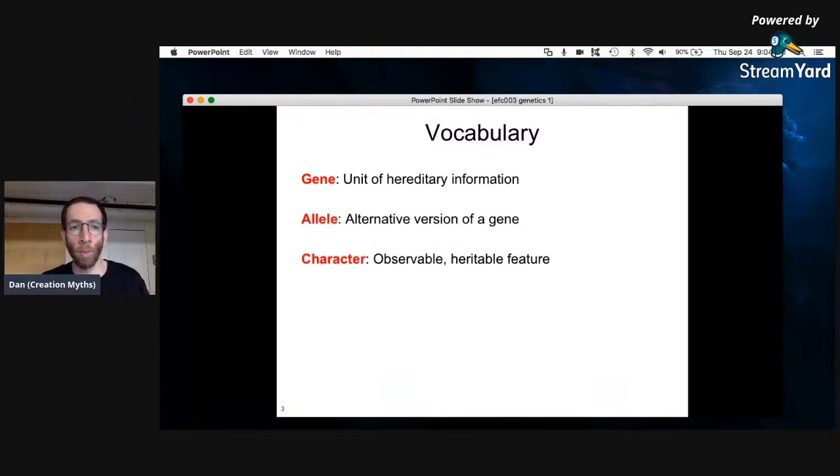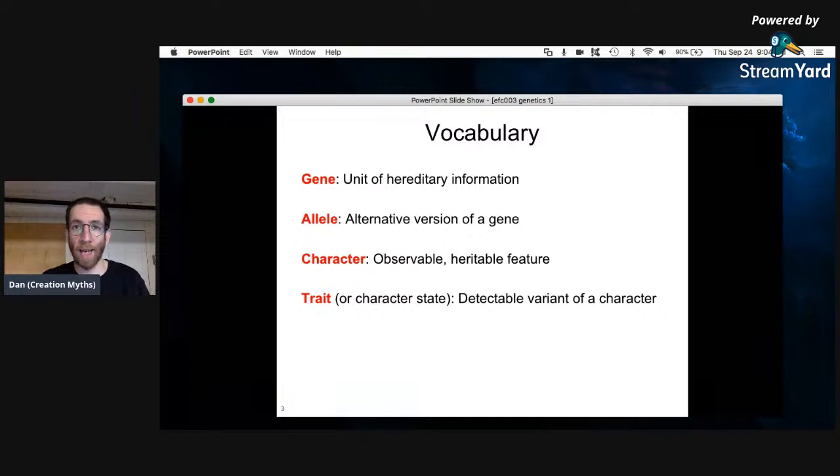We can also talk more broadly about characters and traits or character states. A character refers to an observable heritable feature of an organism, and a trait or a character state refers to the detectable variant of that character.